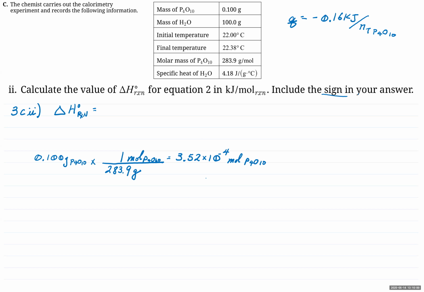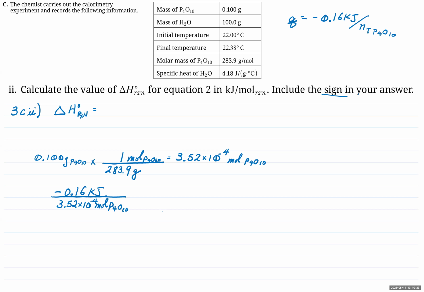Well, that's the total number of moles of P4O10 that reacted, which ended up resulting in the total amount of heat that was released, which is 0.16 kilojoules, right? So let's go ahead and continue our investigation. It's going to be negative 0.16 kilojoules, and that was released by all of the 3.52 times 10 to the minus 4 moles of our P4O10.